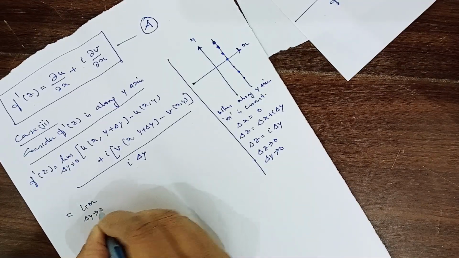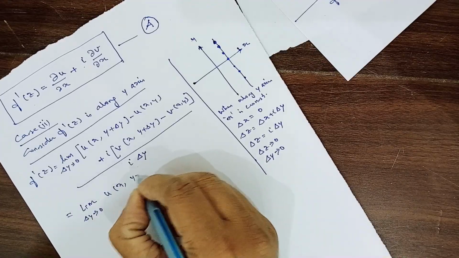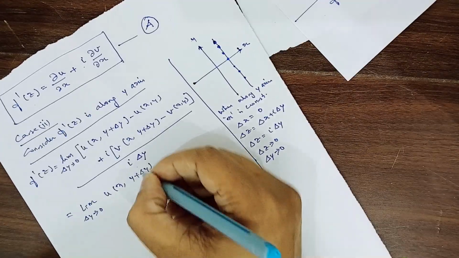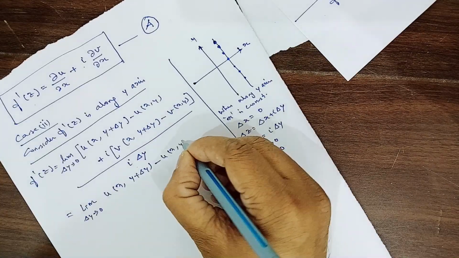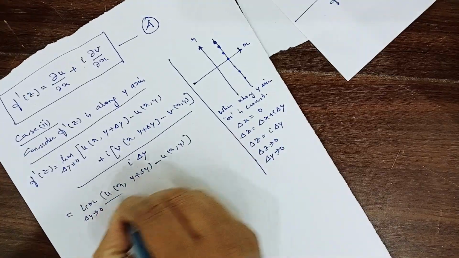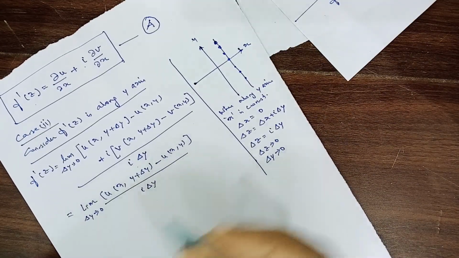So we have u of x comma y plus delta y minus u of x comma y, divided by i delta y.